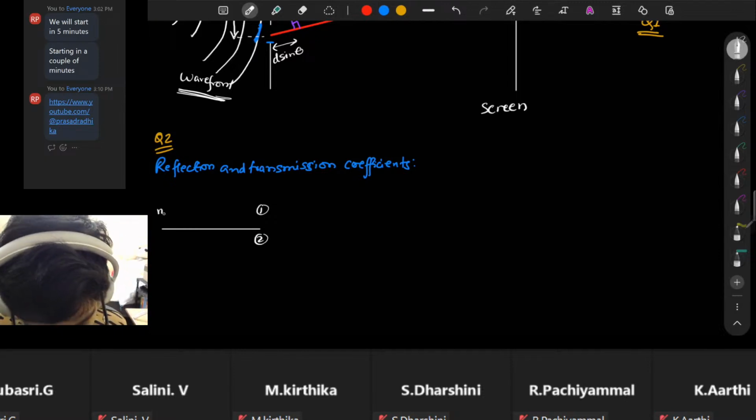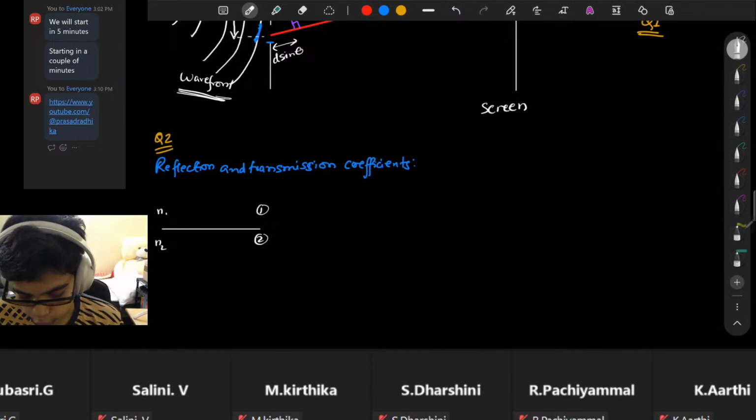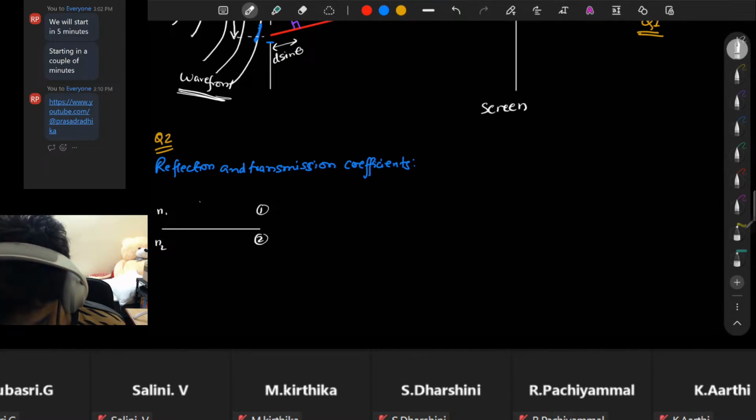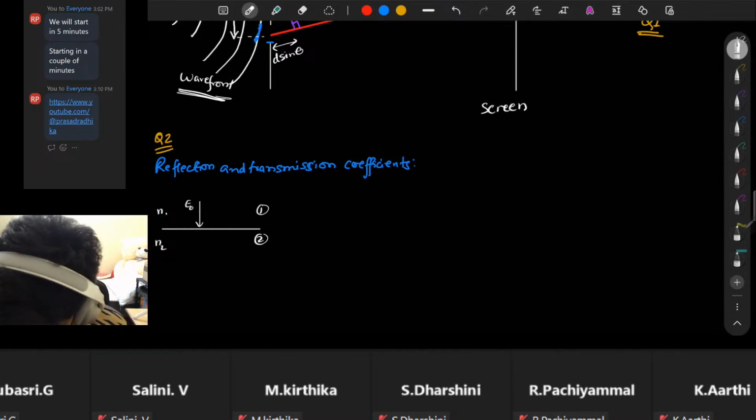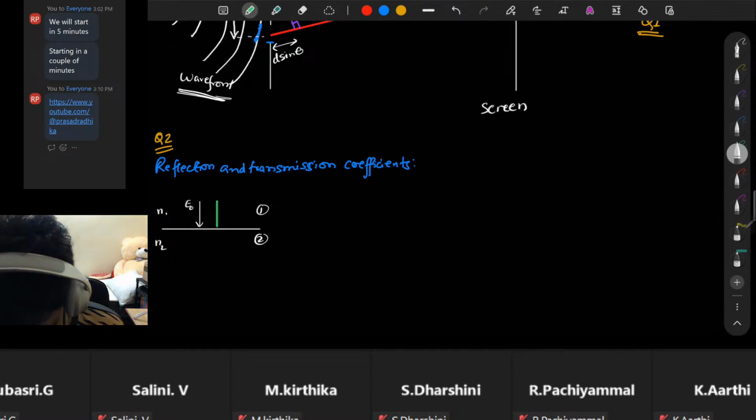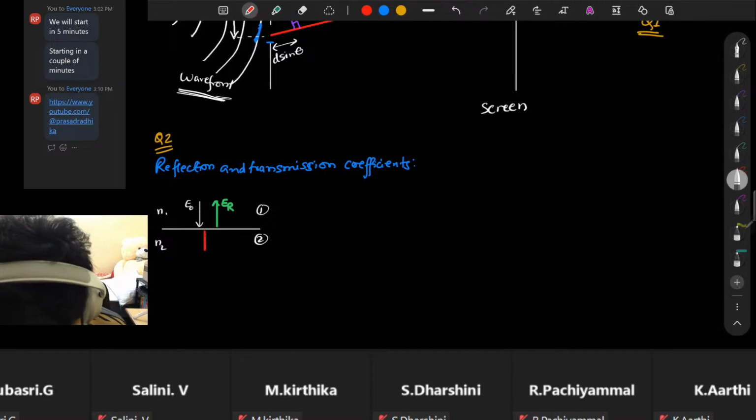So here refractive index is N1, here it is N2. And let us consider normal incidence. So incident light is coming like this. This is incident E0 amplitude. Then let us say reflected, this is reflected amplitude ER, and this is transmitted amplitude ET.